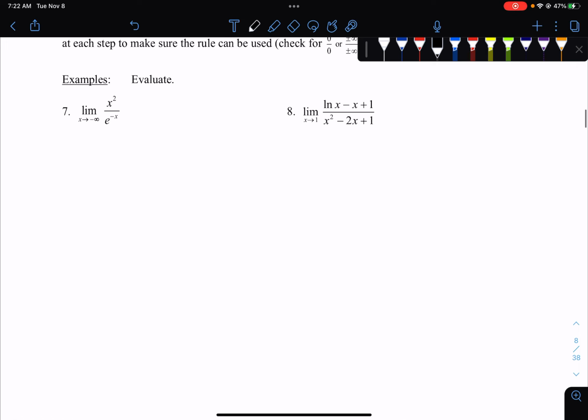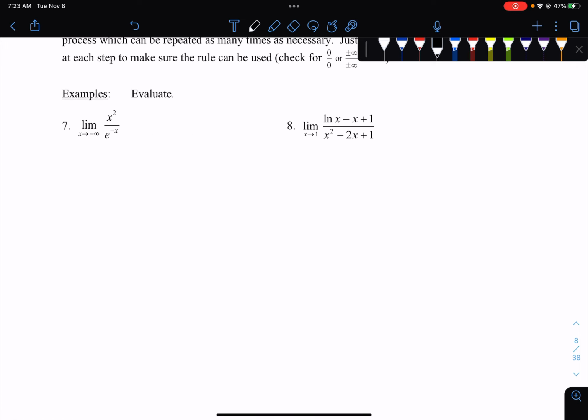So number 7, if I want to check for L'Hopital, so if I plug in -infinity on top, I square -infinity, and that gives me positive infinity. If I plug in -infinity on the bottom, the negative x turns it into a positive infinity, so e to the infinity is equal to infinity.